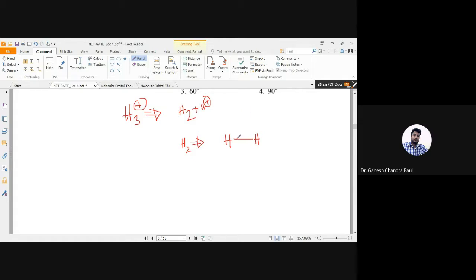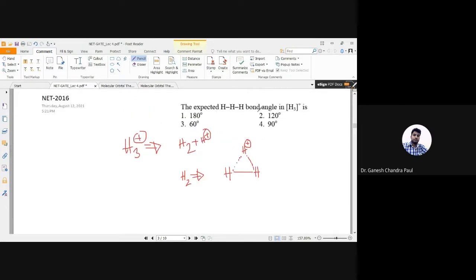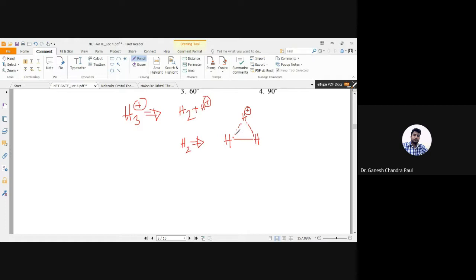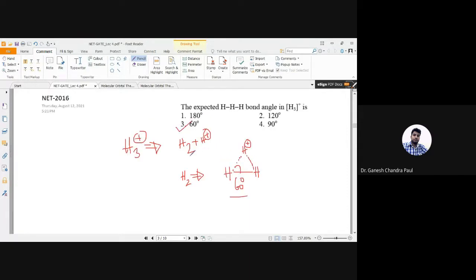When they interact with this H2, they form a kind of short interaction between hydrogen and H plus. Now if you draw the angle, this angle is 60 degrees. So option C is the correct answer. Is it clear?